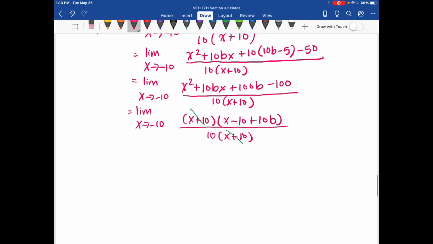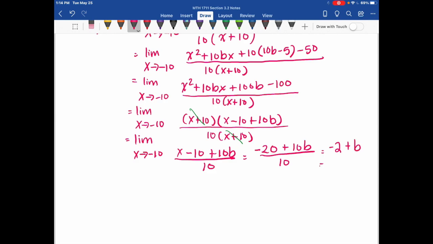So now I have it where I can cross off my x plus 10s. And I'm left with the limit as x approaches negative 10 of x minus 10 plus 10b all over 10. Now I can go ahead and do direct substitution. And when I do that, let's see, that's going to give me a negative 20 on top plus 10b all over 10.